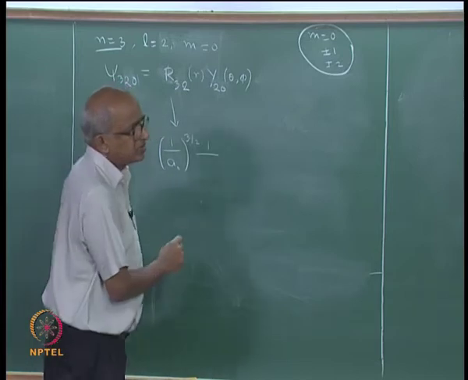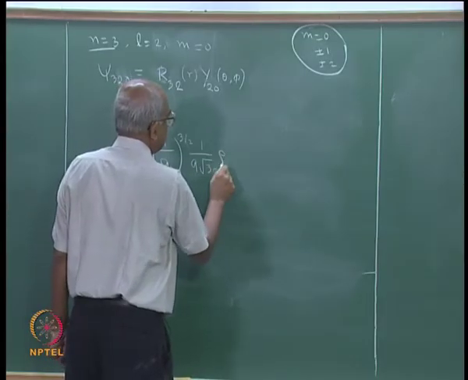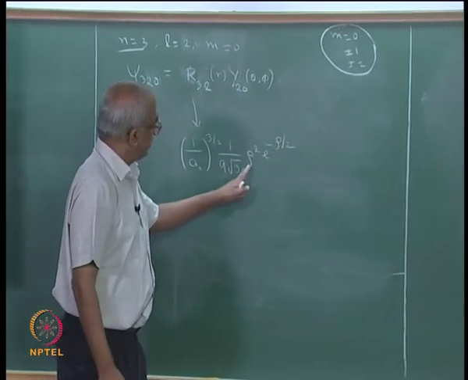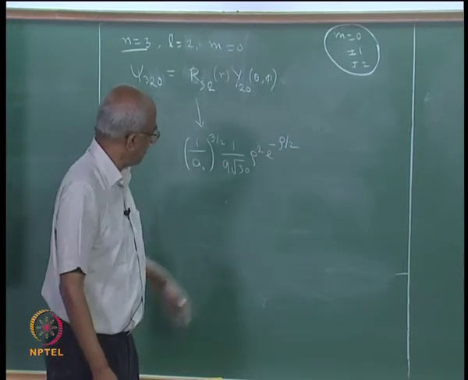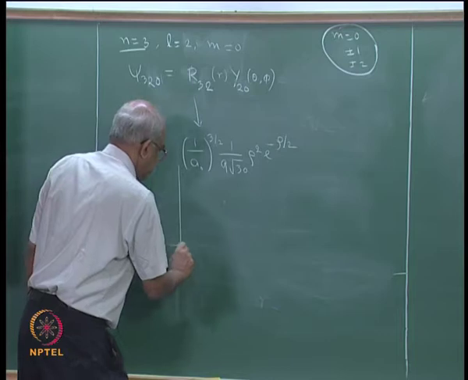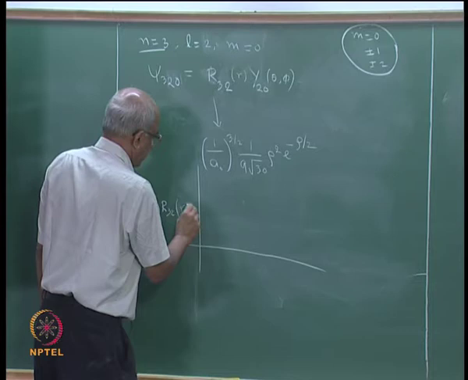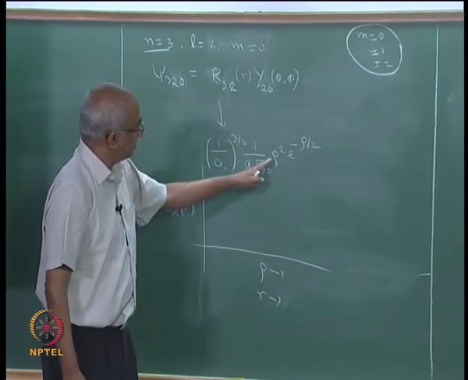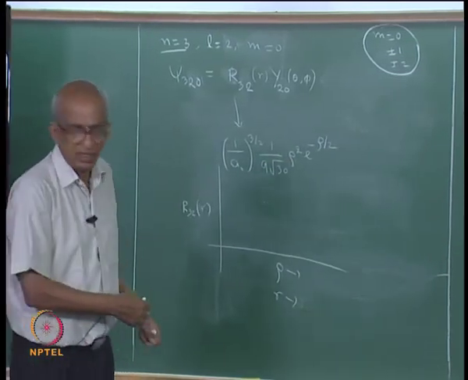Okay, it is difficult for me to see standing there. So, this is the function, and what happens is that we have rho square into e to the power of minus rho by 2, and this ensures that if I made a plot of R 3 2 of R against rho, or equivalently R, we have this term R square which makes the function vanish at the nucleus.